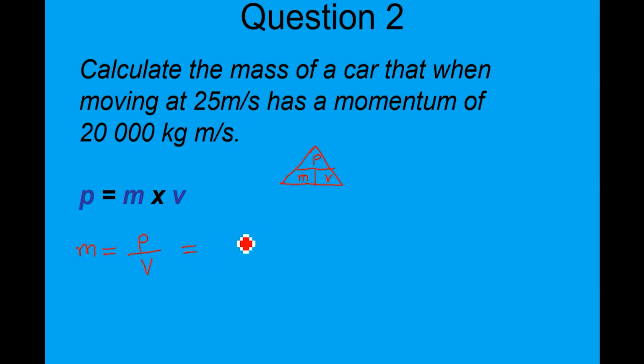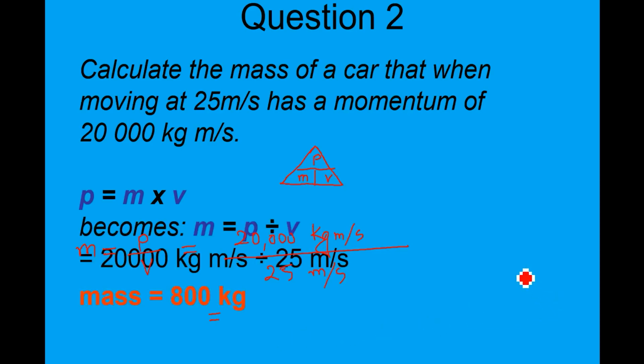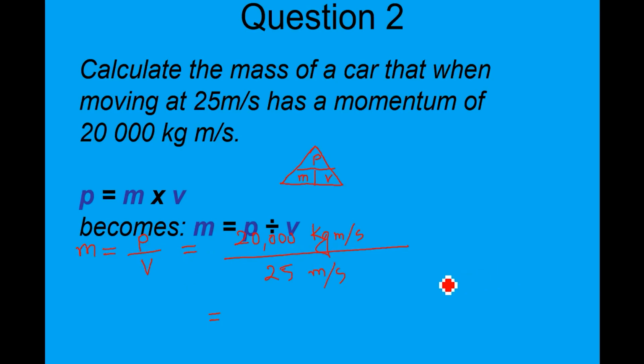Momentum is 20,000 kg meter per second and velocity is 25 meters per second. So we can easily calculate the mass of the car. Here mass is 800 kg.